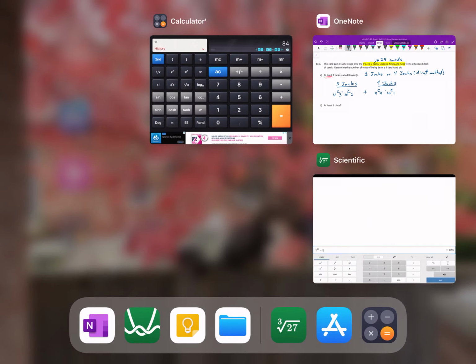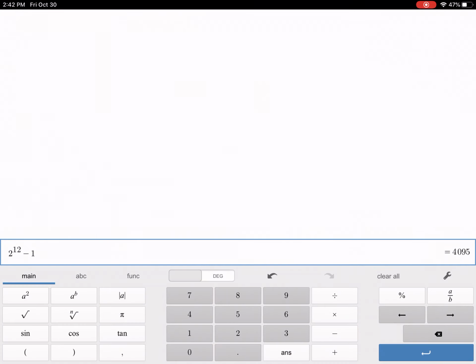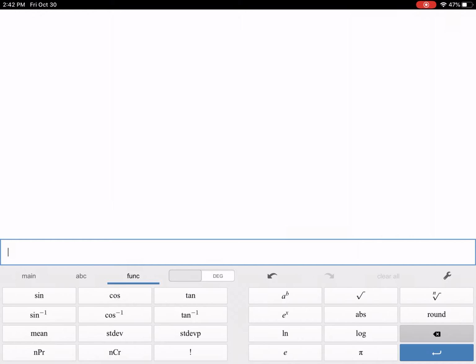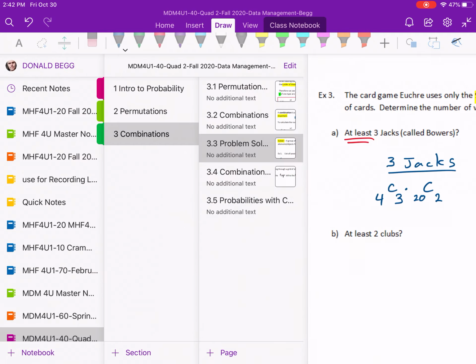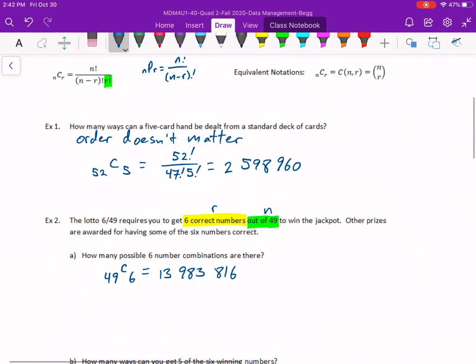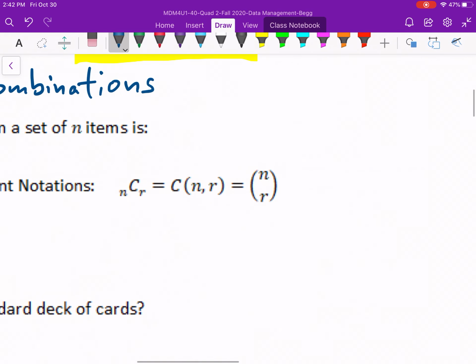So I'm dying to try my new Desmos scientific calculator. Okay, so function. You can see for this one, down the bottom left-ish, I've got nCr. Let me just remind you that there's different ways of writing combinations. Back up at the top of this note, we saw that we had nCr equals C(n, r) equals the bracket n over r bracket.